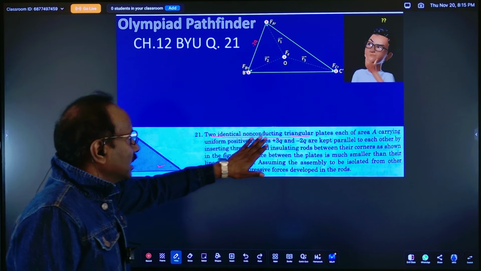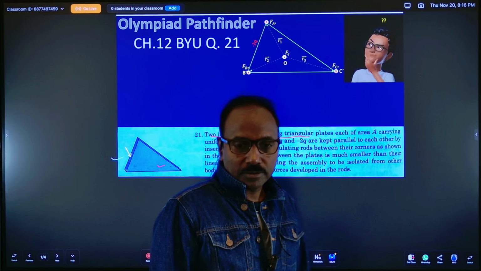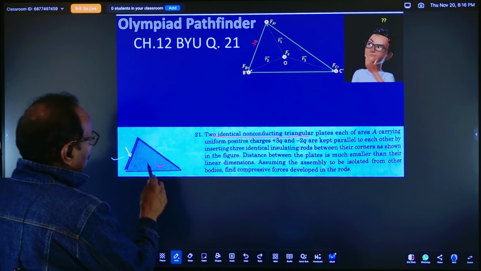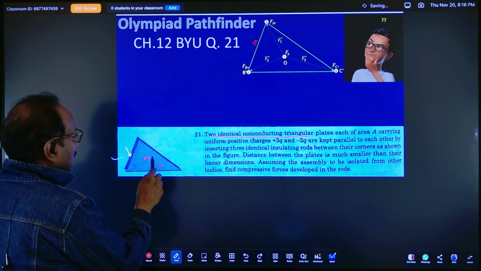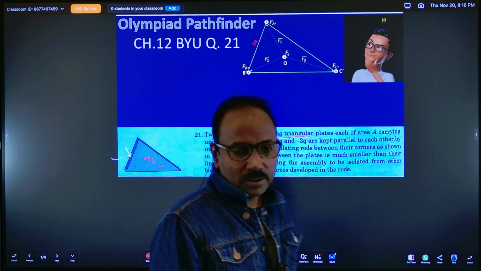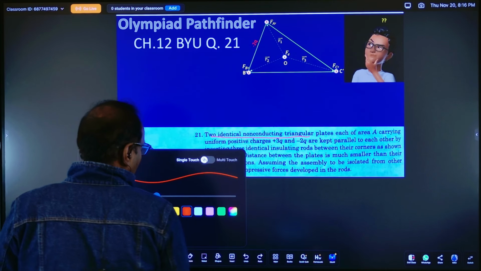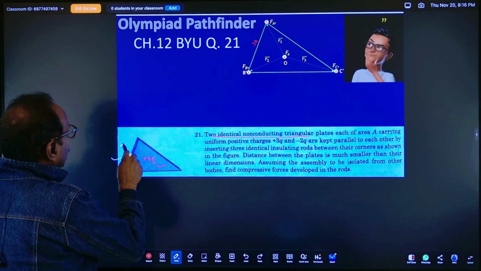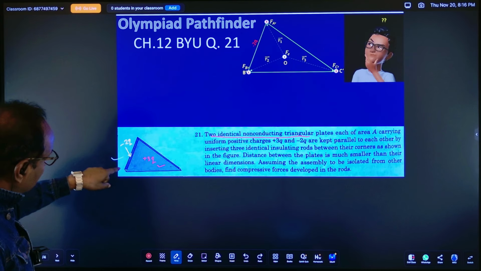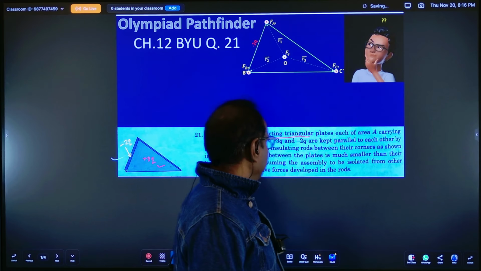These two plates are non-conducting and identical with an area A. Let us say the plate which is in front is carrying a total charge of +3q, which has been uniformly distributed over it, and -2q is the charge which is uniformly distributed on the other triangular plate which is behind it. So this is the breakup of the first line.